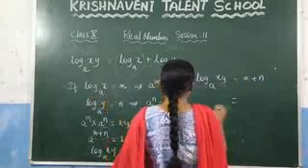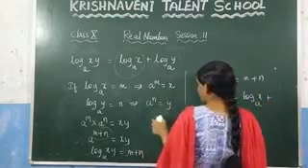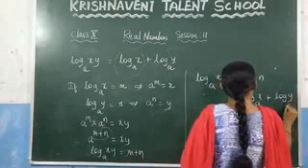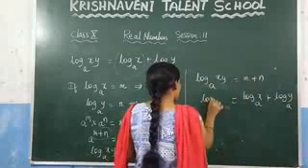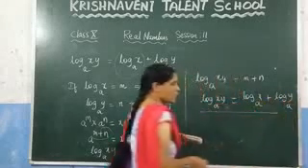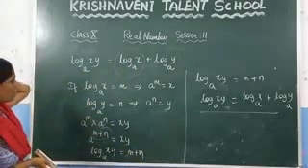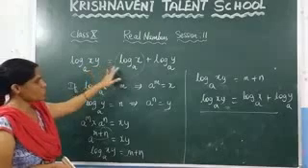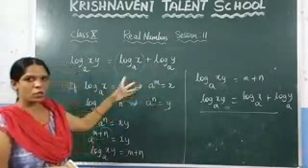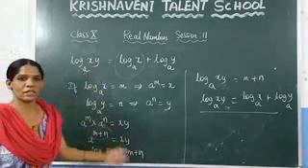M is nothing but log x to the base a. And what is n? It is nothing but log y to the base a. So what is log xy to the base a? It is nothing but log x to the base a plus log y to the base a. Like this, we got this property. Two more properties are there, which we are going to discuss in the next session.